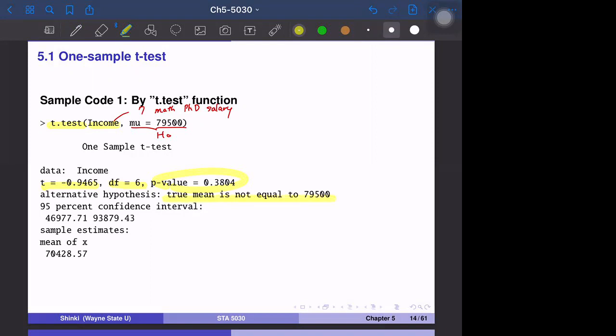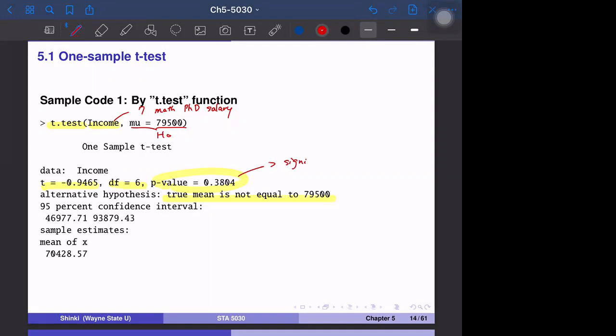We do not reject the null hypothesis if this p-value is larger than 0.05, the significance level. We will explain the so-called p-value later.